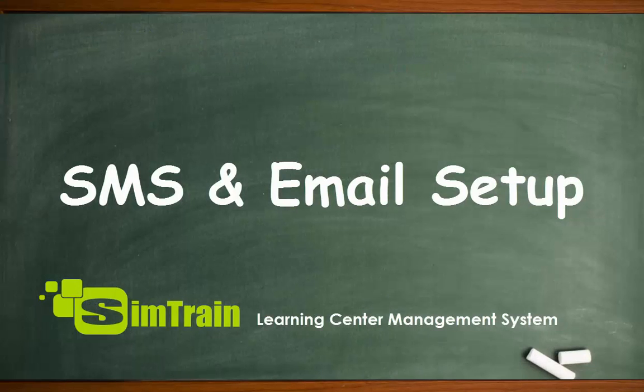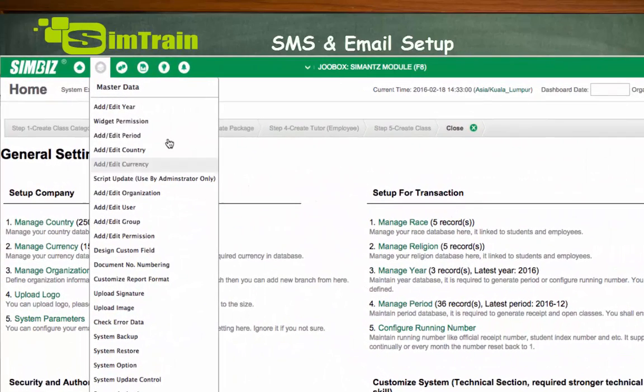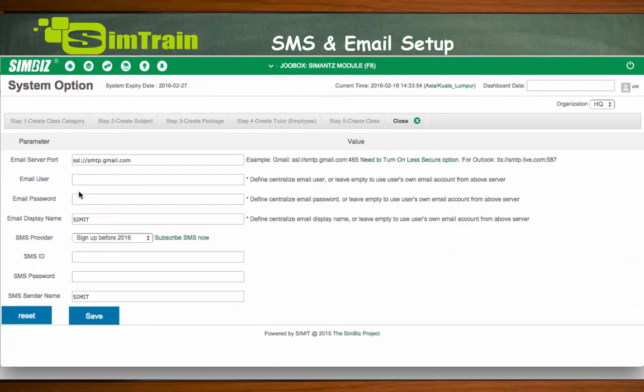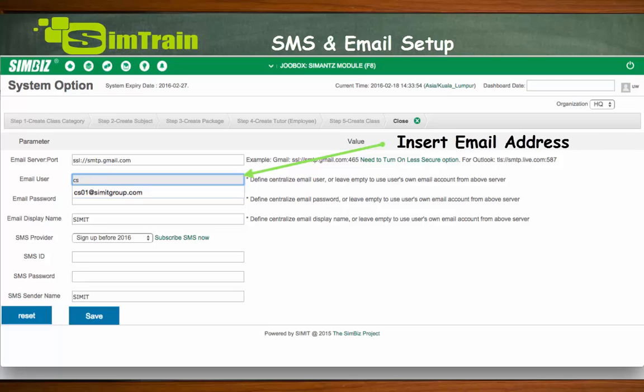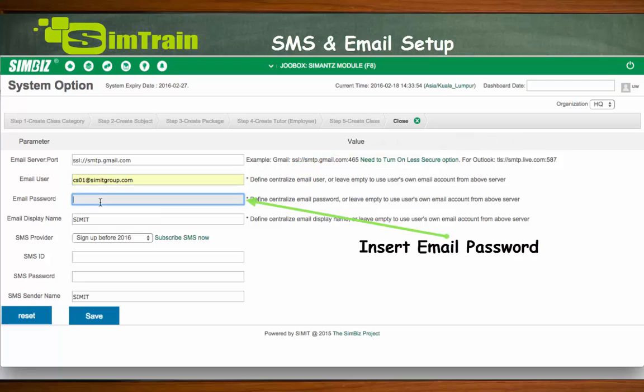So now I'm going to show you how to configure the settings of SMS and email. Let's go to master data and click on system option. This is where we are going to configure your email and your SMS account. First of all, just leave the email server input field as it is, because this is already provided by the system. Then for email user, you may insert your email address. For example, I'm going to put in my email and also my email password.